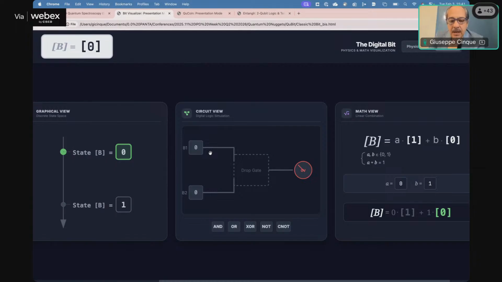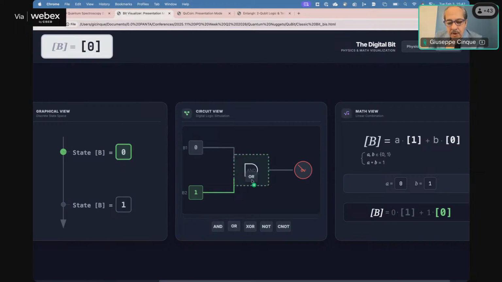I can apply logic. So for example, if I have 2 bits at 1 and I have an AND gate, I know that the AND of 2 bits at 1 is 1. If one of the 2 bits is 0, of course, the AND is 0.